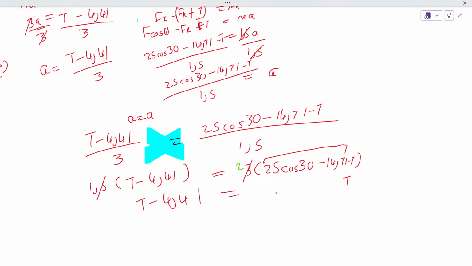How much is it? Did you do brackets on 25 cos 30 minus 14.71? That must be in brackets. I'm getting 6.94. What did you put on your calculator? Faith, did you include the 2? No, I did not include the 2. You said 6.94. 6 comma what?